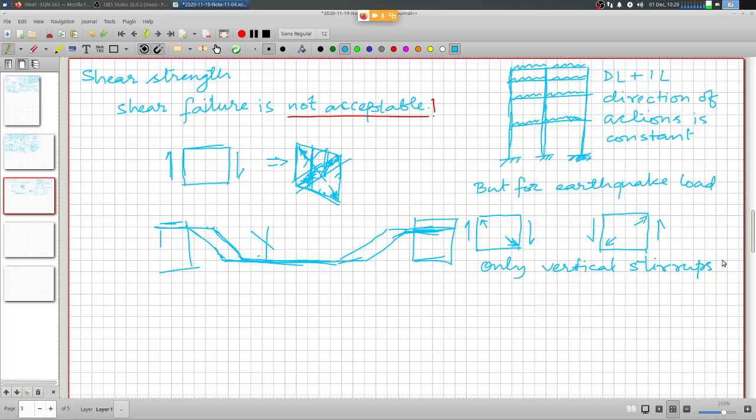Only vertical stirrups or ties can provide reliable shear resistance in beams.